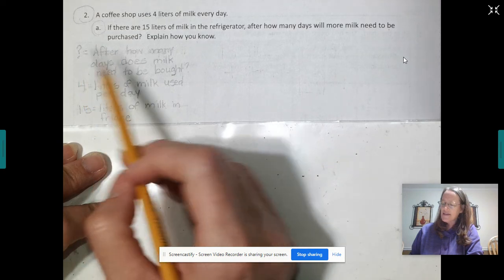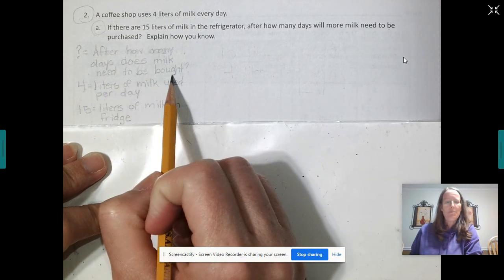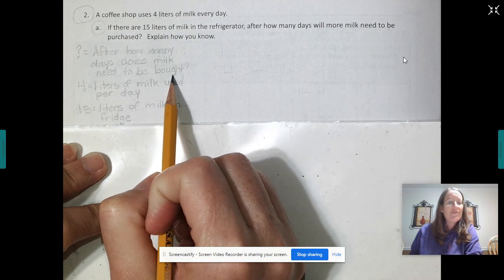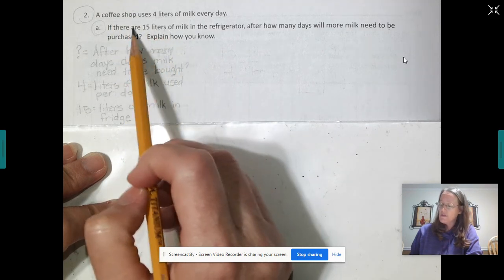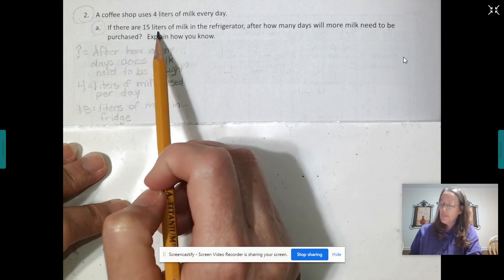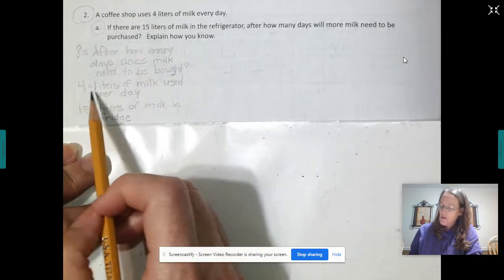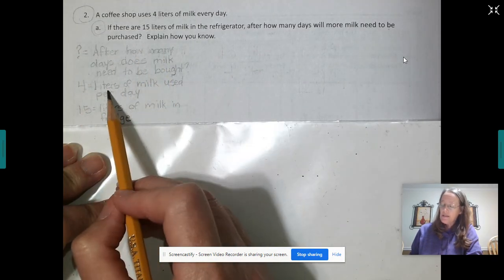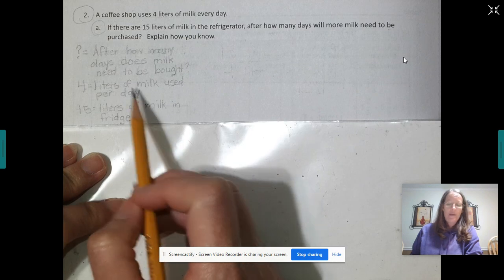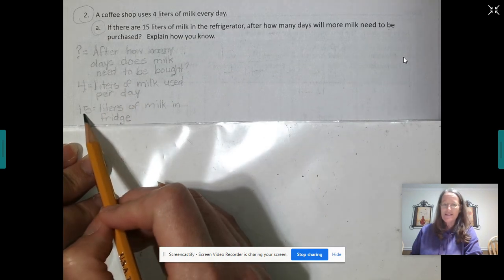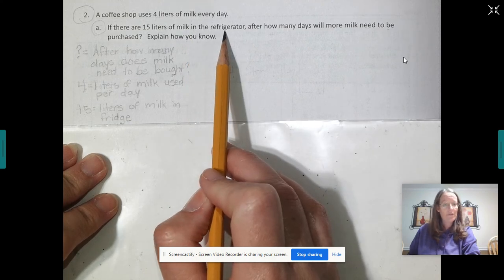The question's asking, after how many days does milk need to be bought? If they use 4 liters of it every day, so 4 represents the amount of liters of milk used every day, and 15 represents the amount of milk in the refrigerator.